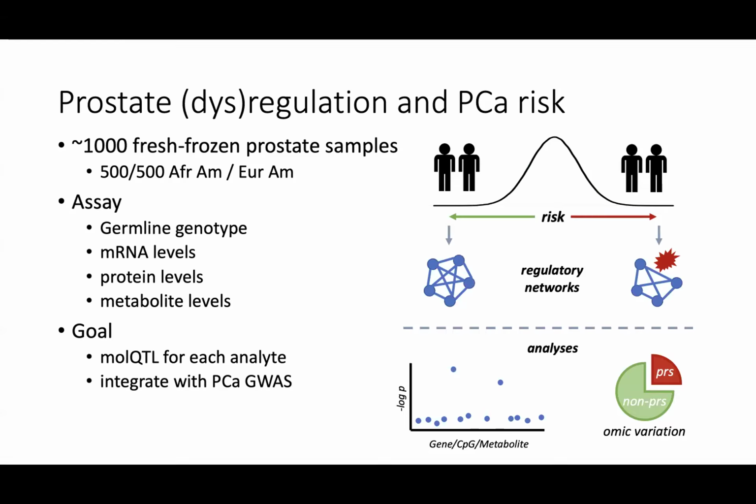And so by characterizing how the germline genetics correlates with all those molecular modalities, we then integrate those findings with downstream prostate cancer risk to, again, prioritize what genes may be underlying risk, and what other sort of kind of across the entire molecular cascade, and how that leads to disease risk.